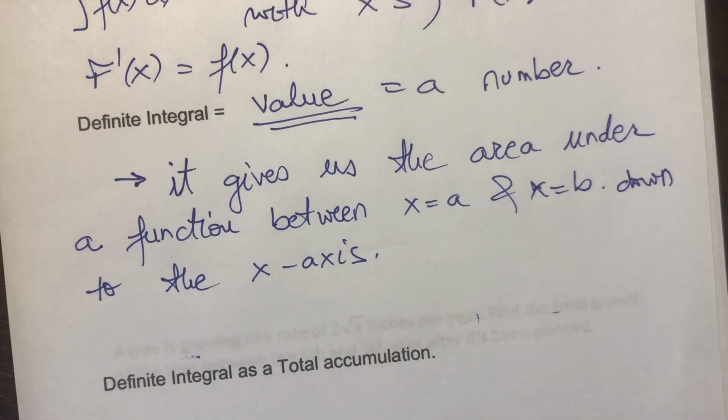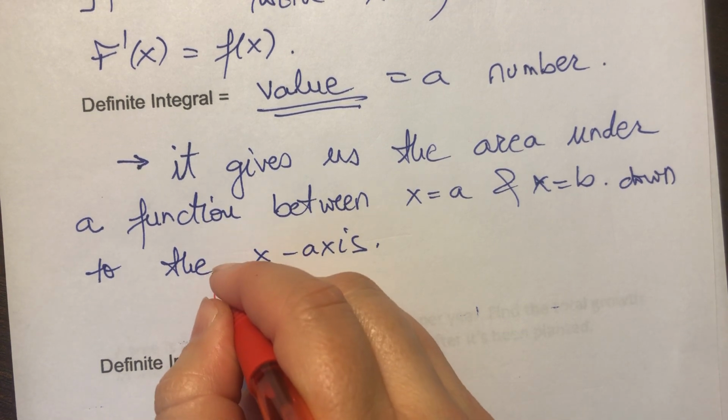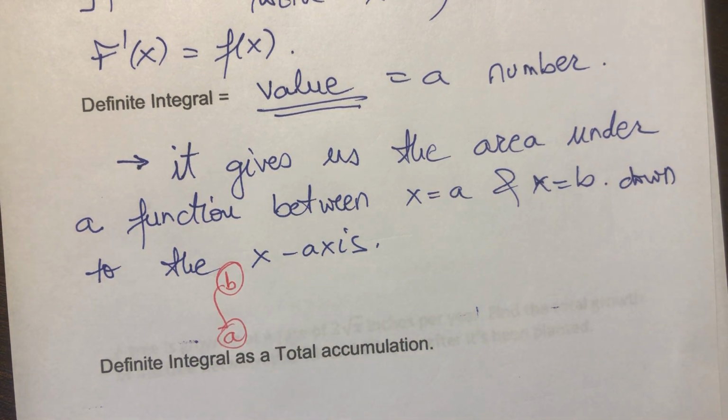So how do you see that definite integral written? You have to see these limits of integration. You see two numbers there.